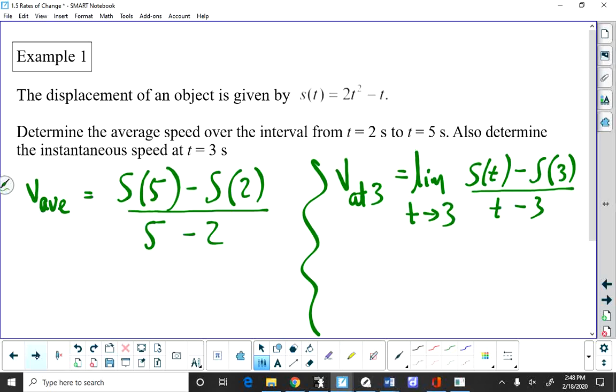Let's deal with the average speed first. This is literally just a matter of you putting 5 up here and 2 up there and calculating them. So I get for s of 5, 45, but please check my work. S of 5, I get 45. And for s of 2, I get 6.